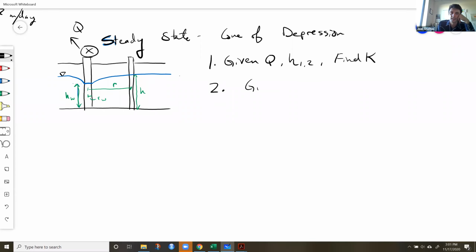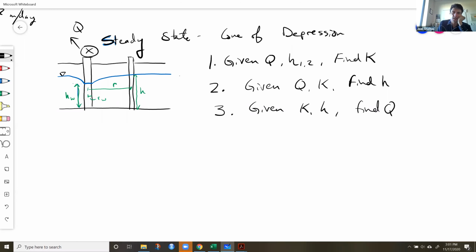We could say given Q and K, find the drawdown, find H at some point, either in the well or nearby. And then also you could say given K and H, find Q.